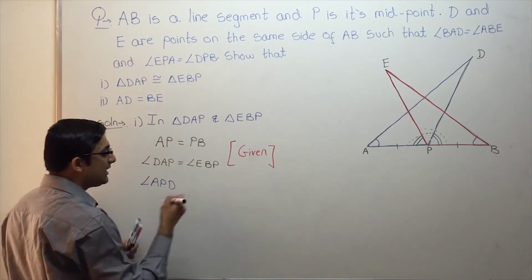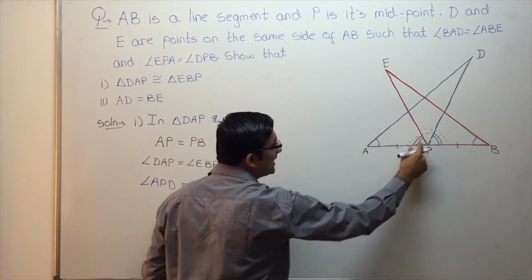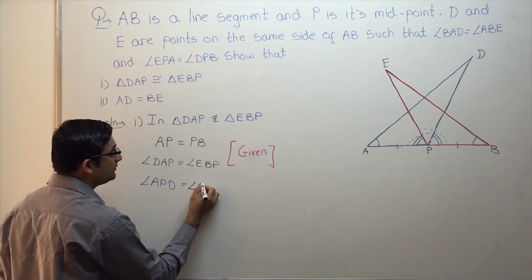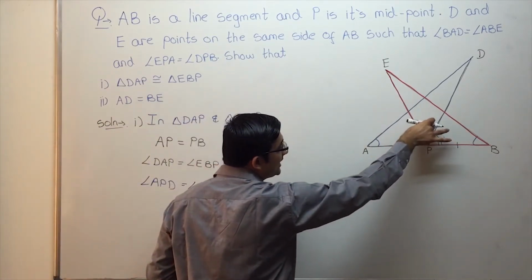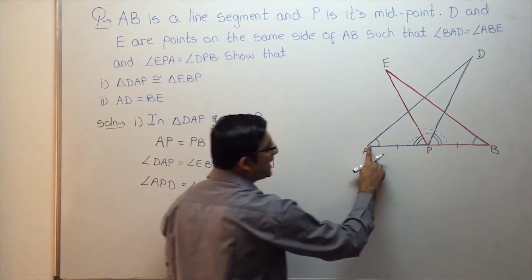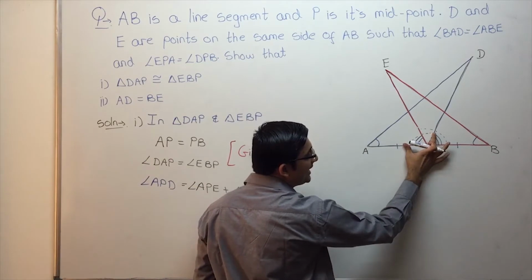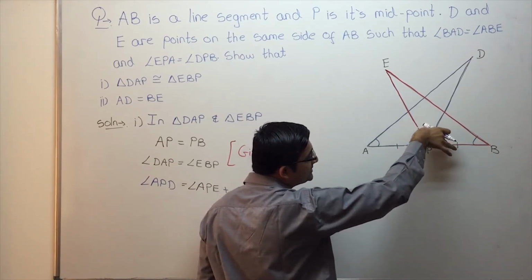So we have angle APD is equal to this angle, that is angle APE, plus this angle over here, that is angle EPD. I repeat, see, angle APD, this entire angle is what? This angle plus this angle. Similarly, what is this entire angle?